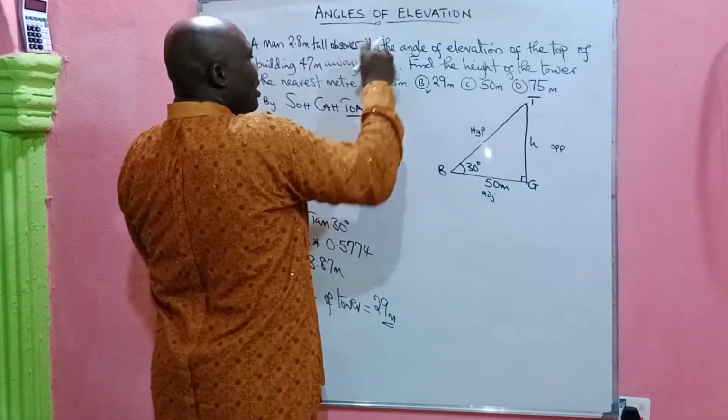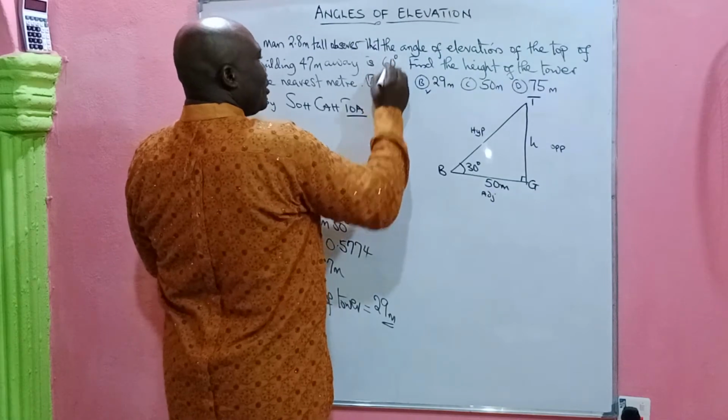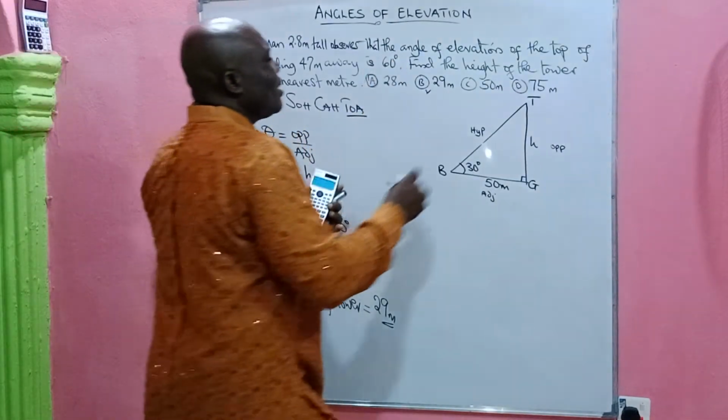Let's change the angle. Maybe this time around the angle is 60 degrees. Find the height of that building.